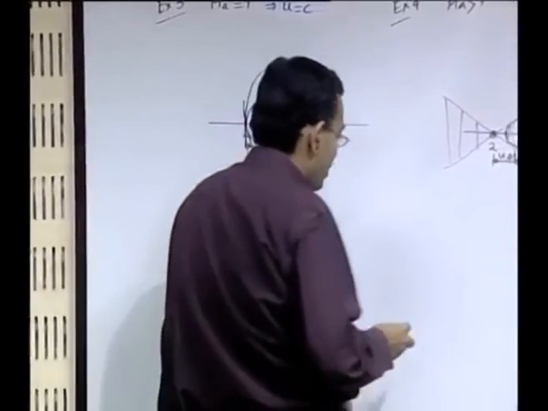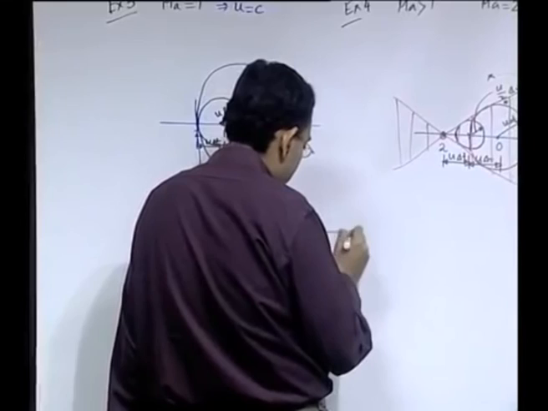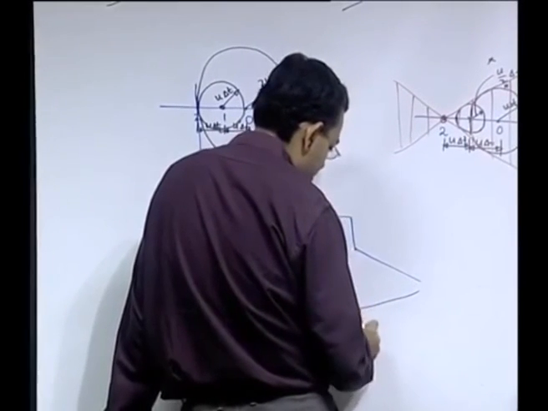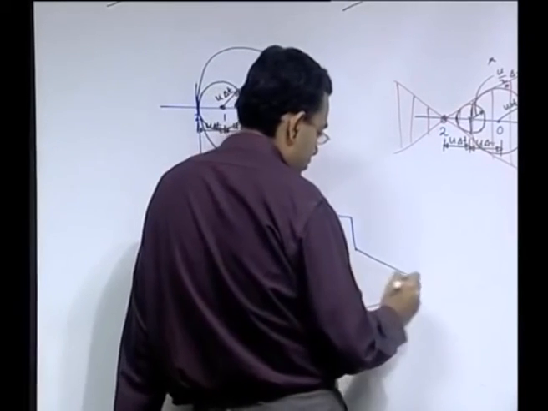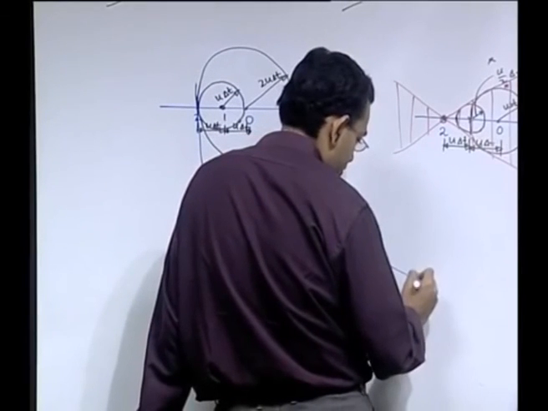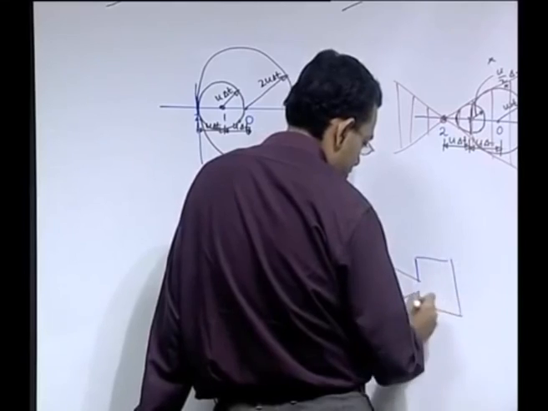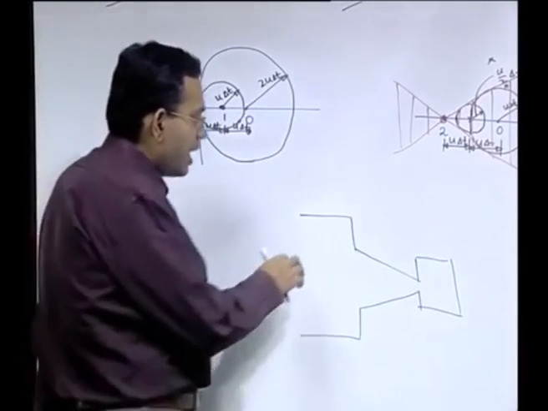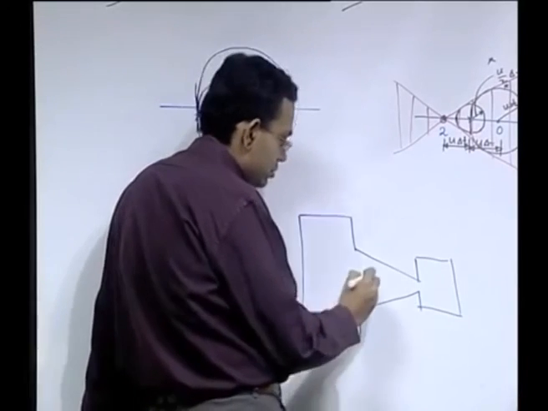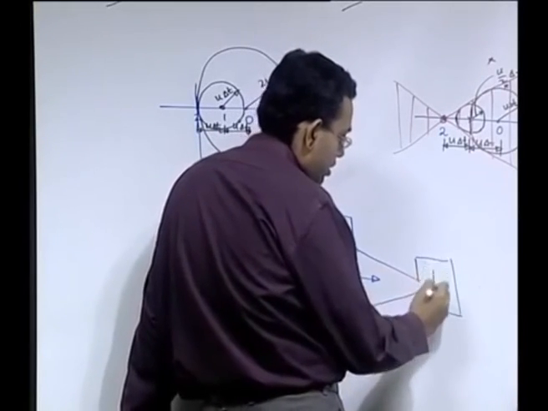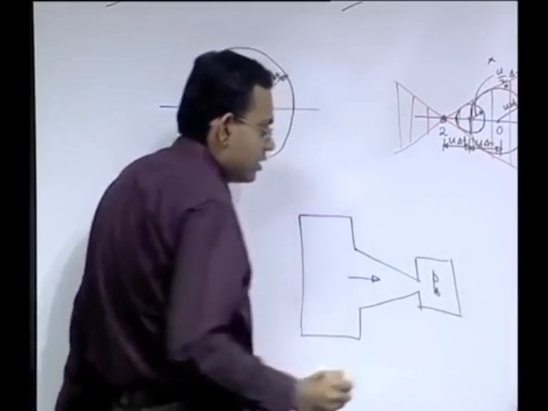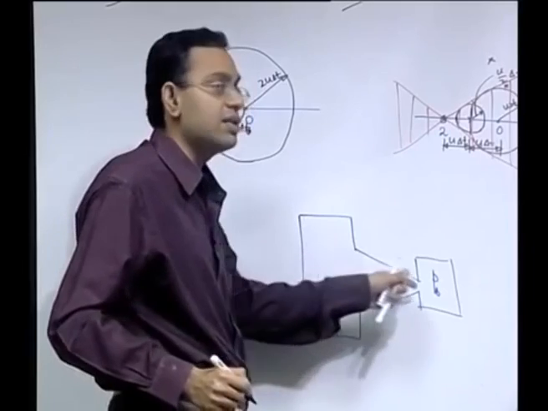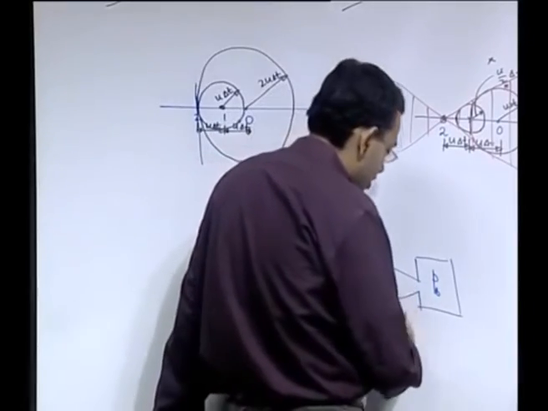Let us say you have a converging nozzle, you have a supply reservoir, and you are maintaining a back pressure so that fluid is coming from the supply reservoir along the positive x direction.